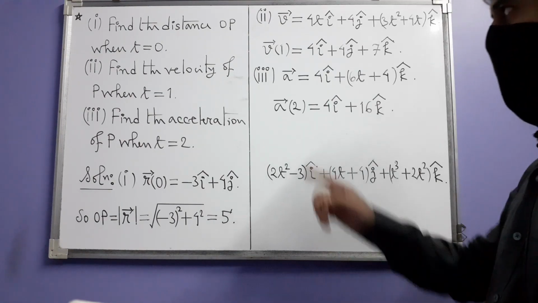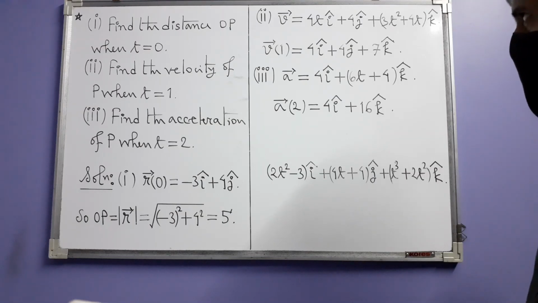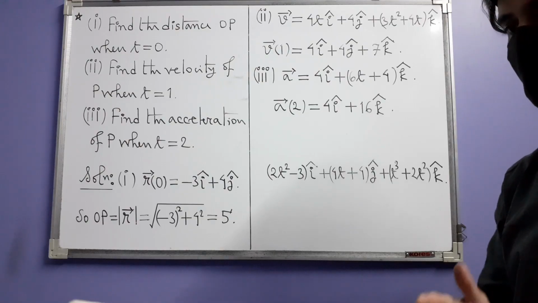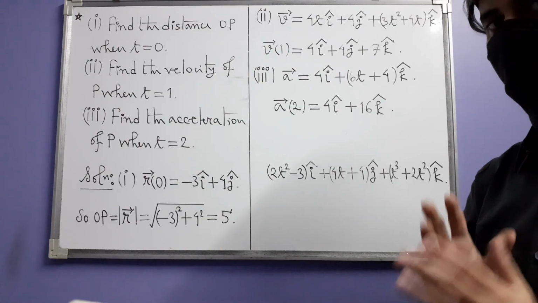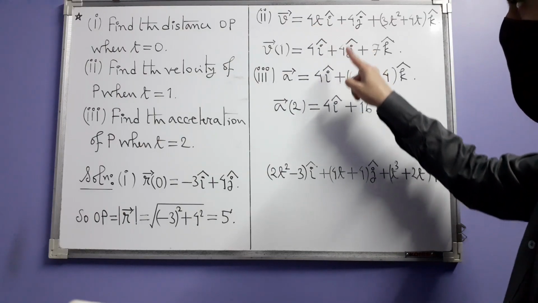And finally, part 3, where we calculate acceleration. To do that, you differentiate velocity with respect to time, again keeping in mind that i hat, j hat and k hat are constant. So you differentiate 4t with respect to t, you get 4.